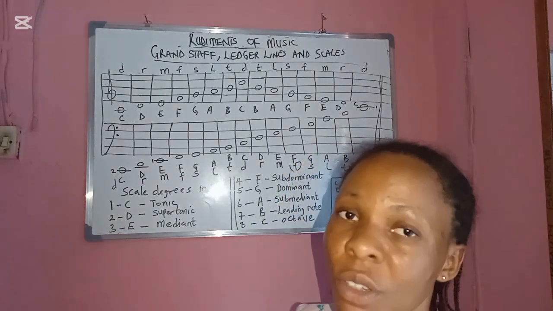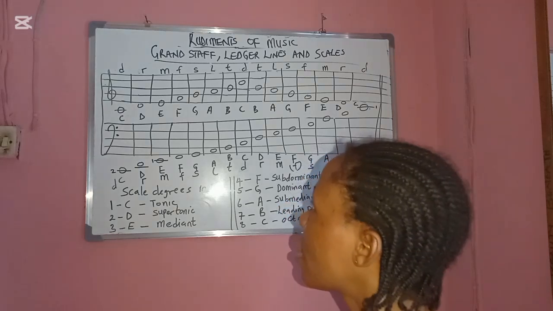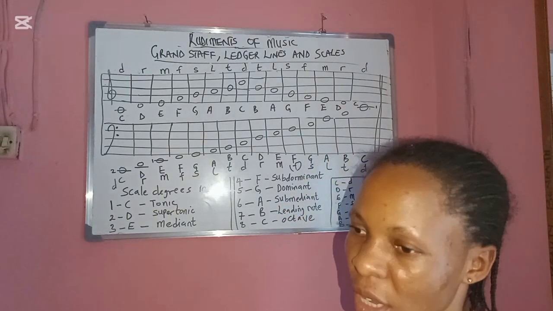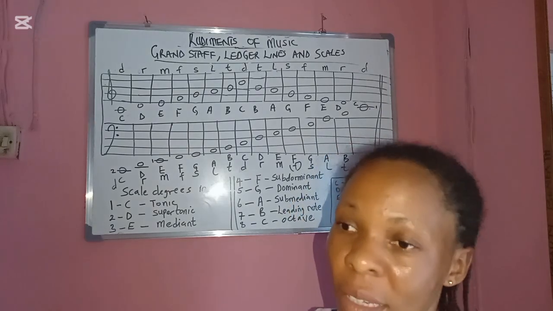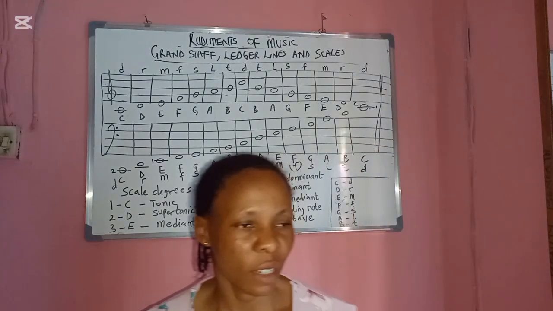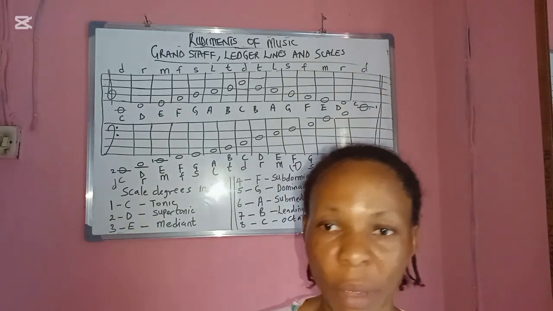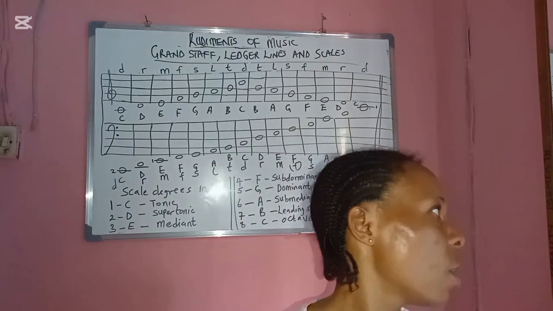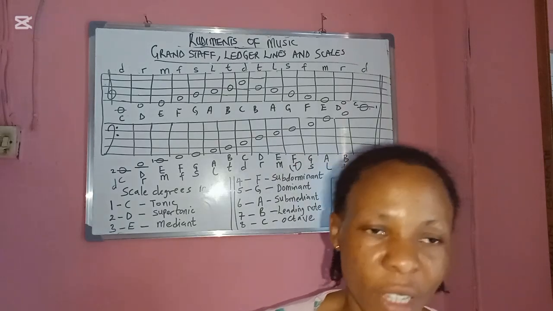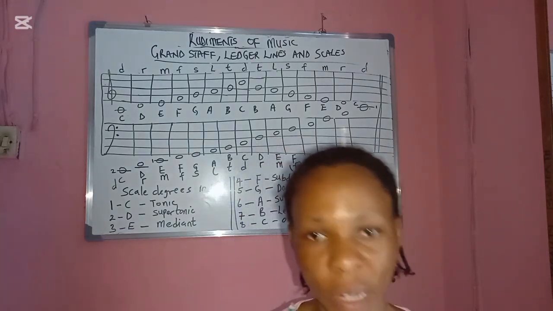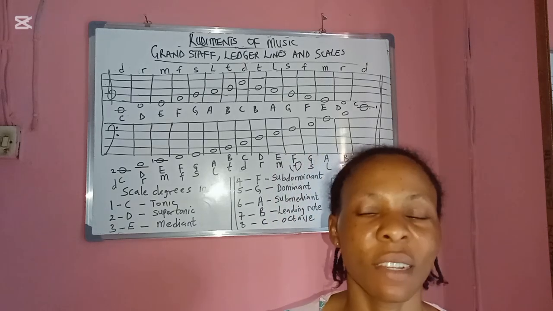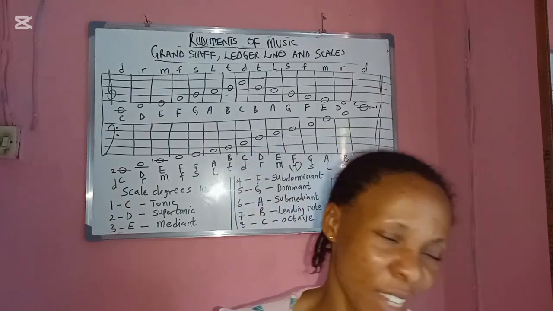Okay, so we are going to see what we can do on the key of C today, C major. In my last class I talked about C major and the notes that make up the scale of C major, which I said is a key with neither sharp nor flat. So it's a natural key and it's the beginner's key. That's the key that every beginner begins with.